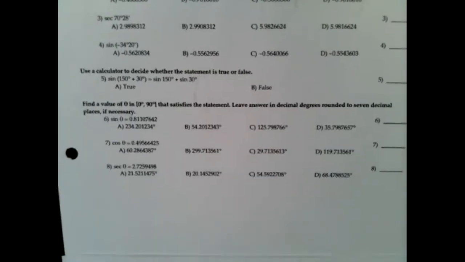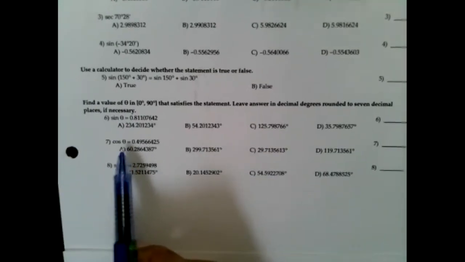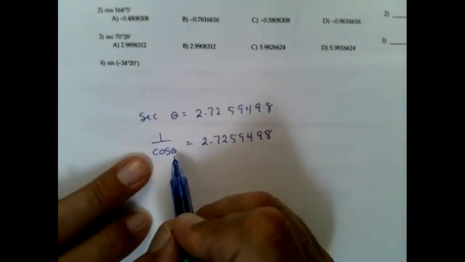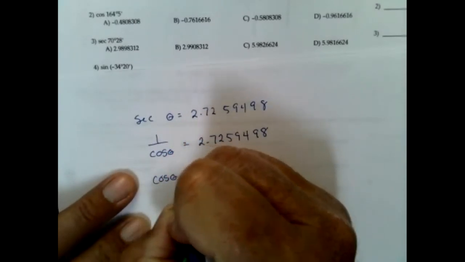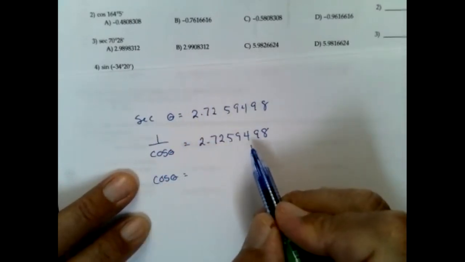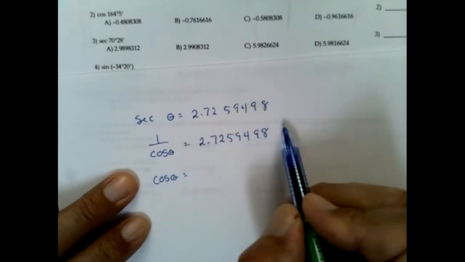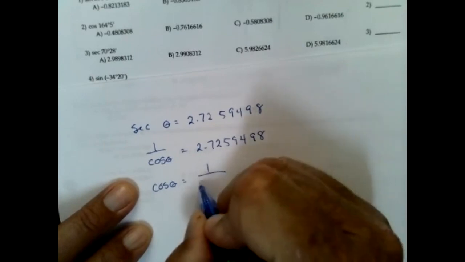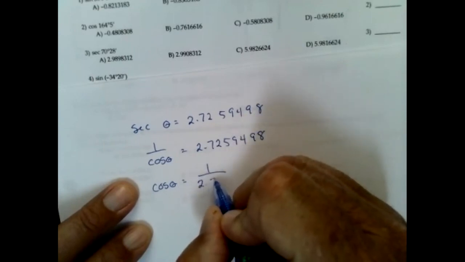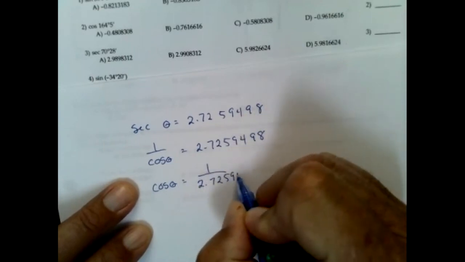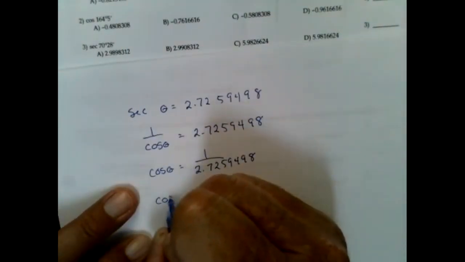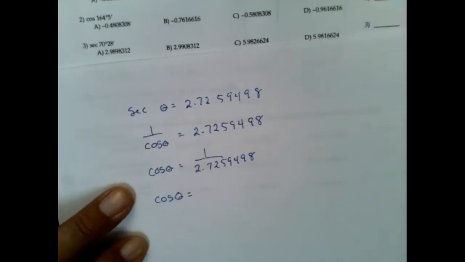I'd like to get it back to being the cosine like I just worked with. So cool. I'm going to take the reciprocal of this side. And when I do, I also have to take the reciprocal of this side. It's like I would multiply both sides by the cosine of theta and then divide by that. So I would get the cosine of theta equals 1 divided by 2.7259498.